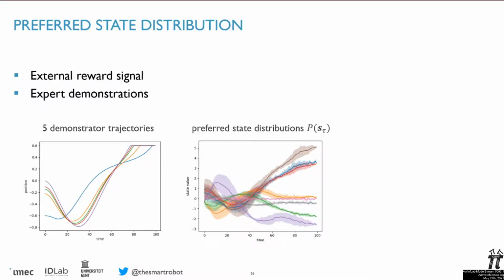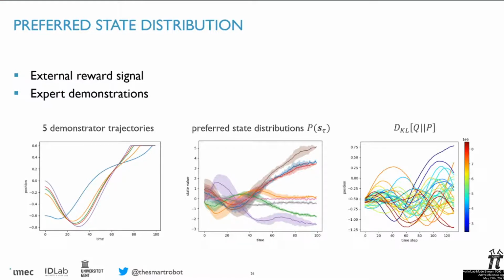Then, if you use this preferred state distribution, and you calculate the G, or even only the KL divergence between your posterior and your preferred distribution for different trajectories through time, here every different color is a different rollout in the environment, or imaginary rollout through the environment.